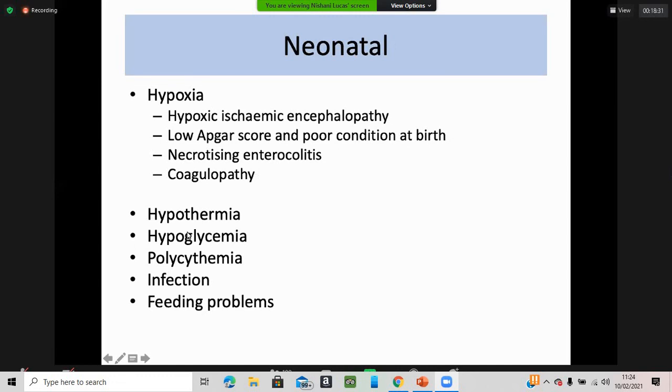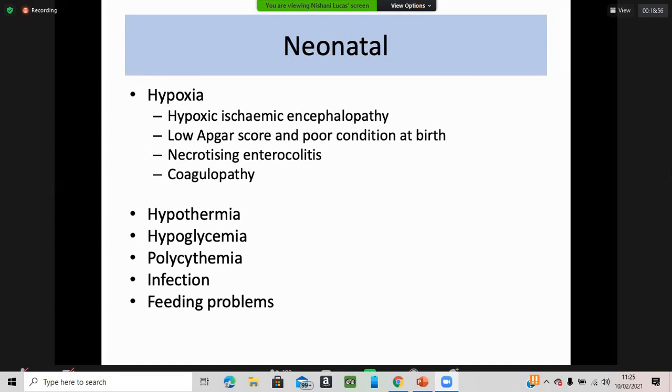Then there are some issues because they are small. Because their volume is small compared to the surface area, they are more prone to get hypothermic. Then their reserves of glycogen are low, therefore they are more prone to get hypoglycemia. Because of the hypoxia, the erythropoietin response will be higher and that will lead to polycythemia.